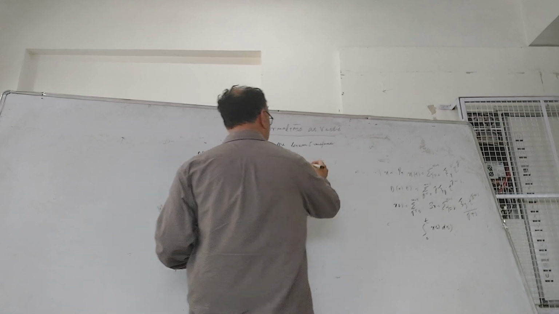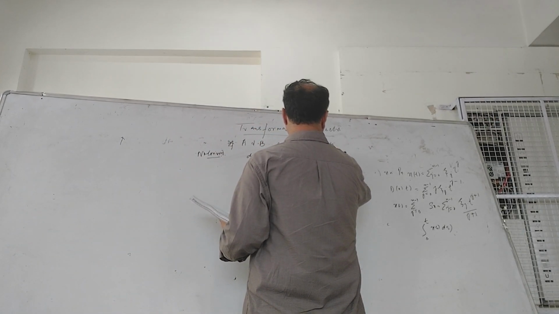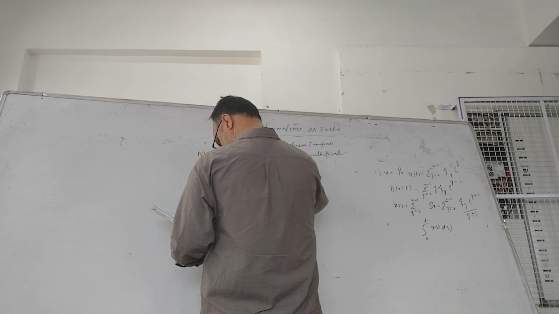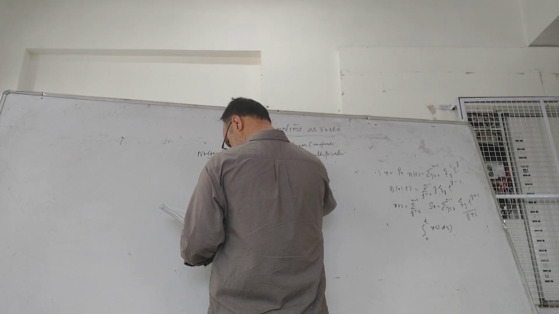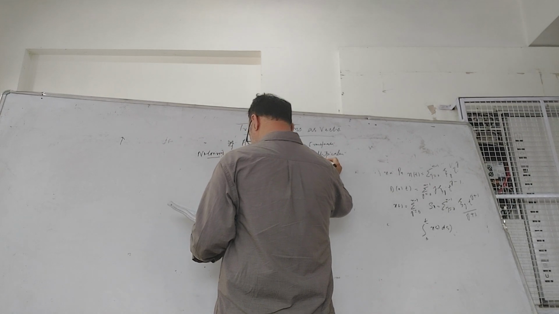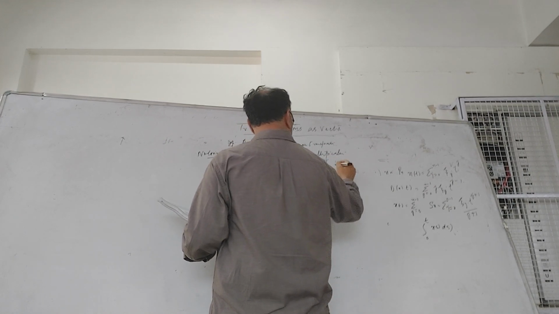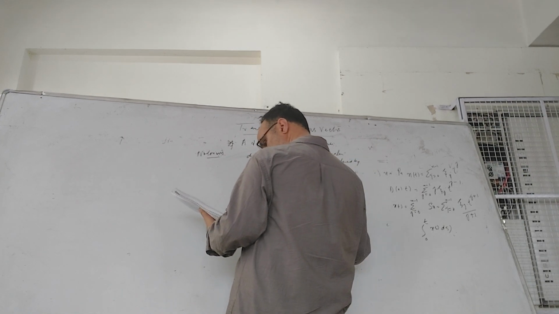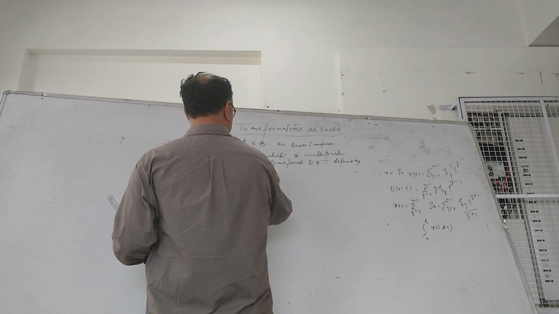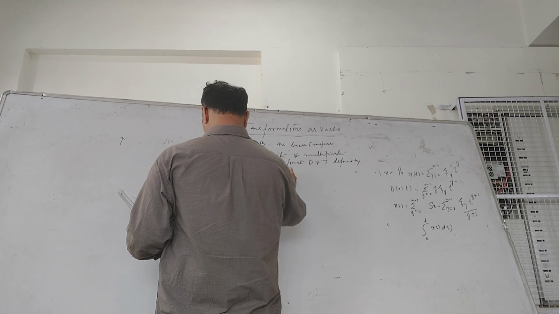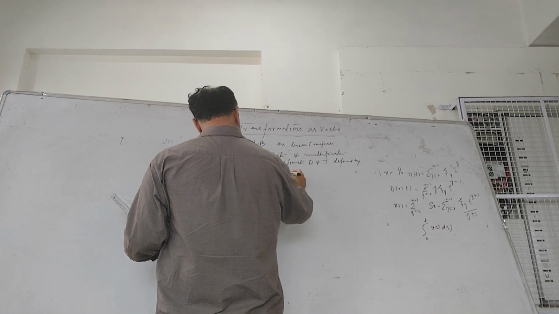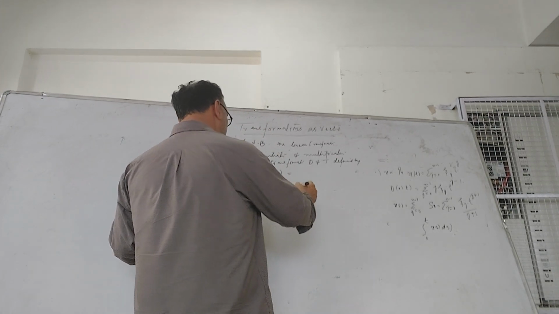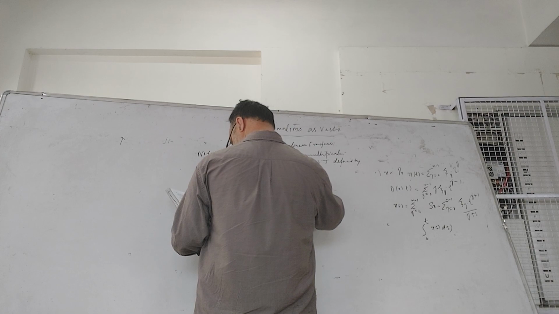But for example, to check it, if we consider differentiation and multiplication transformations, D and T, defined by D of x of t can be written as dx of dt.